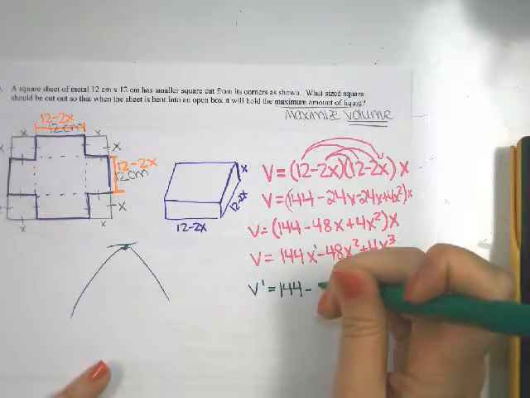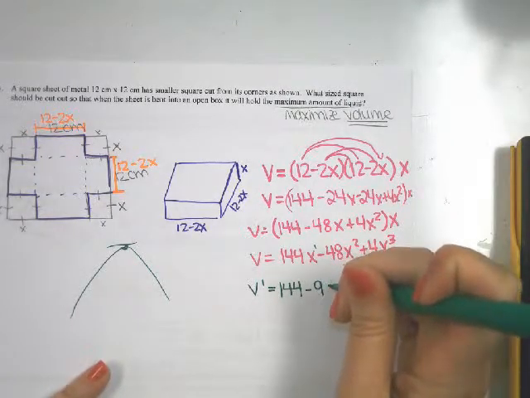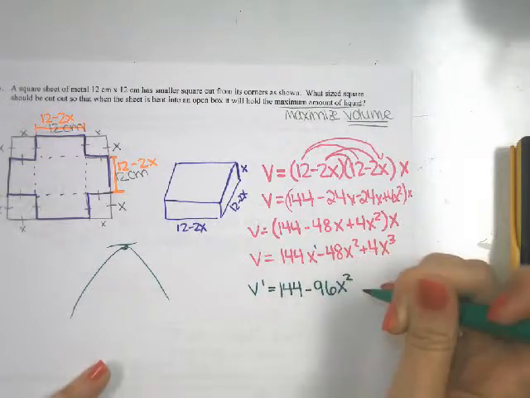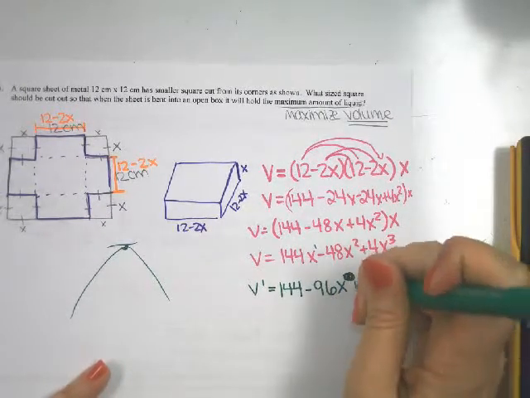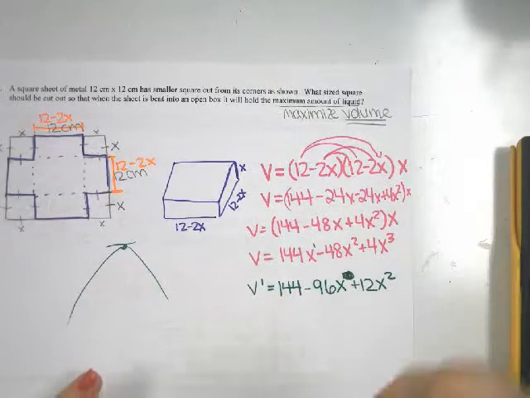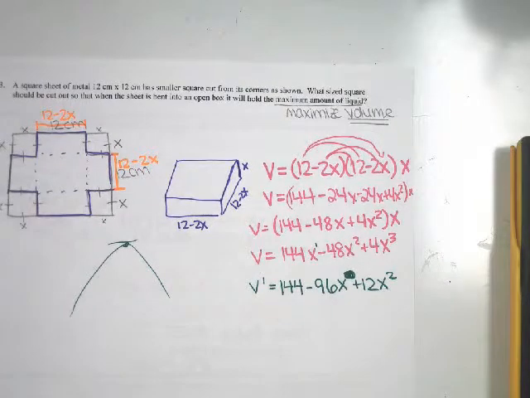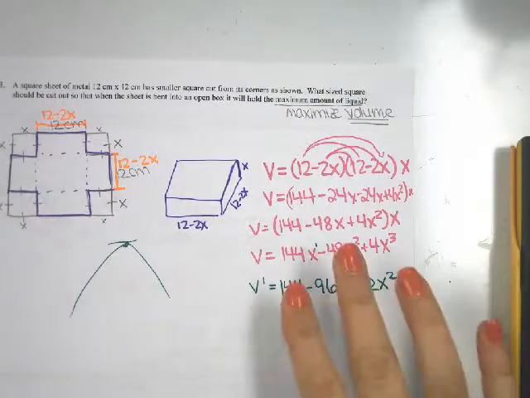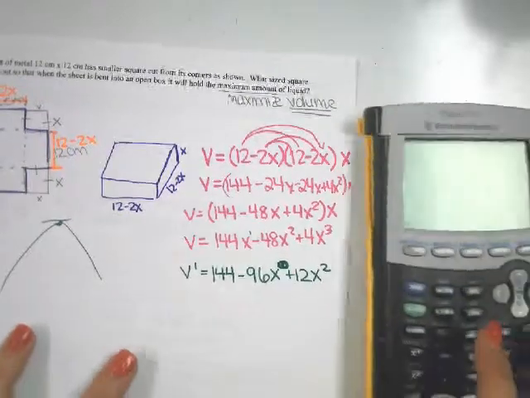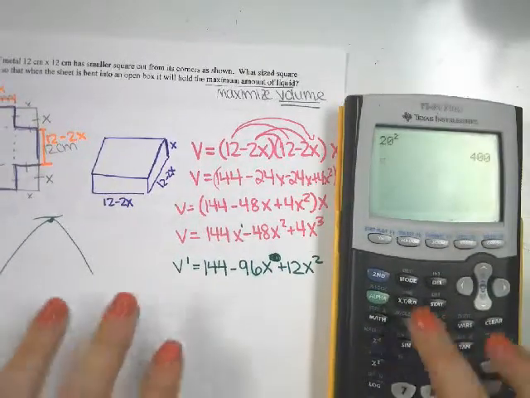Drop the squared, so minus 96x. Oh, not x squared anymore. Plus 12x squared. Now, this is just kind of icky, because this derivative function is a quadratic, and so it's kind of hard to solve. So instead of doing that, I'm going to go to my calculator, and then I'm going to show you how it works in the derivative function at the end.